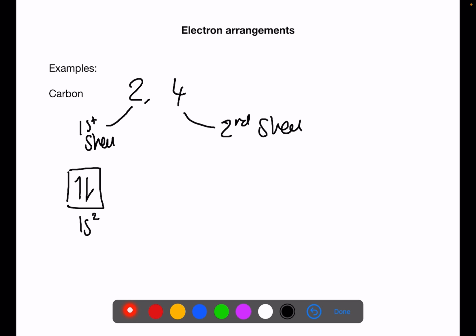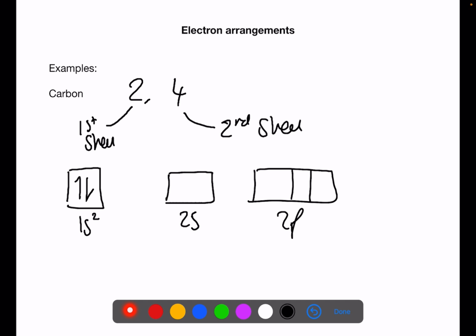One's going to go up, one's going to go down, and we write that 1s2. In the second shell, you've got 2s, and then you've got 2p, but you've got 3 2p's. So you've got px, py, pz. And we need to put 4 electrons in. So we fill up this 2s box first, so we've got 2 in there, and then we've only got 2 electrons left. So they're going to go into the 2p, and they're going to go in parallel before they would start pairing.